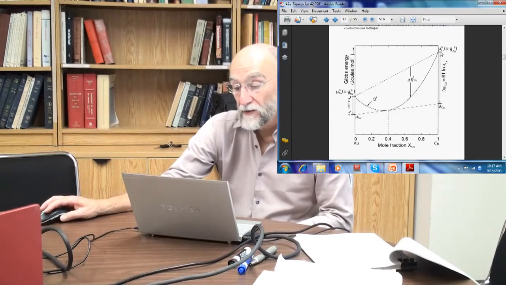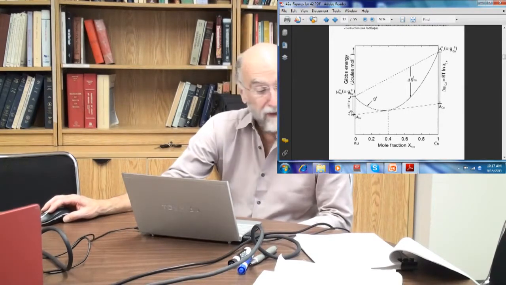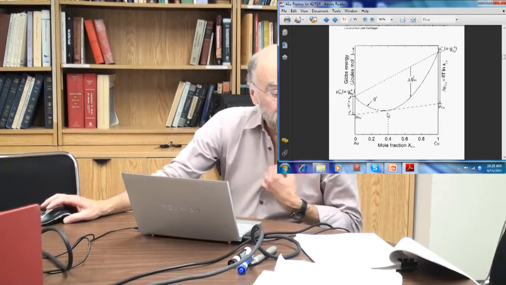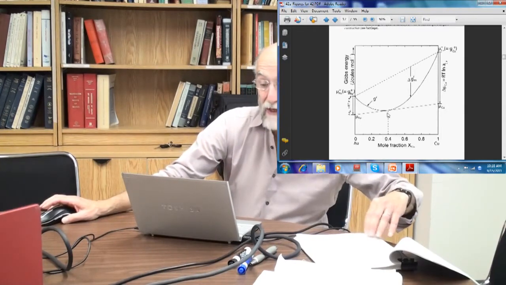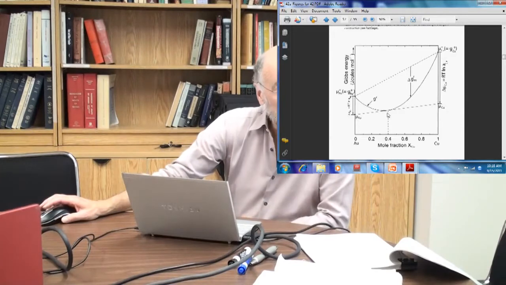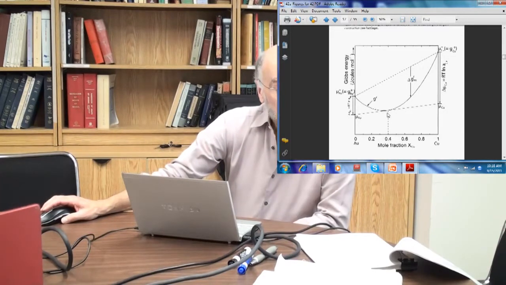And this distance here then is RT log activity of copper, or delta mu copper, and this is RT log activity of gold, or delta mu gold at that point. And just to show you, this is actually drawn more or less to scale, so that's what an ideal solution more or less looks like.